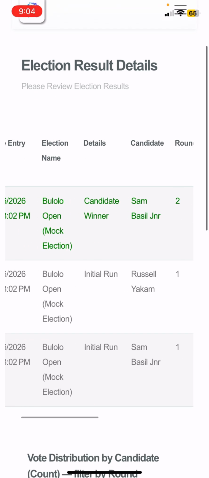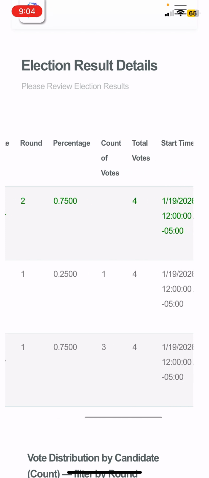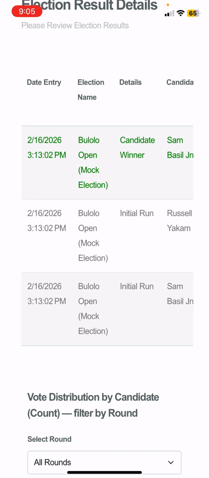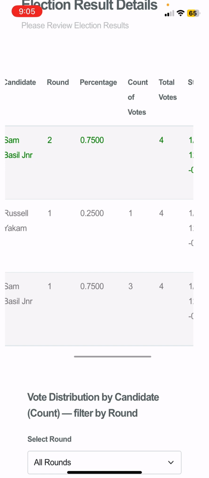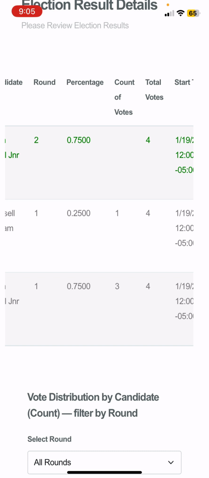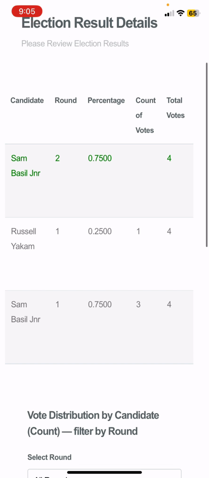won this election, and the total amount of votes for Lucas was four total votes. What happened was in the first round, or first preference I should say, Russell Yakam received one vote for preference number one, and Sam Basel Jr. received 3 votes. That is over 50%, so automatically Sam Basel Jr. was selected.